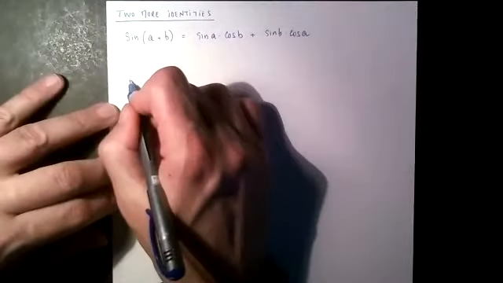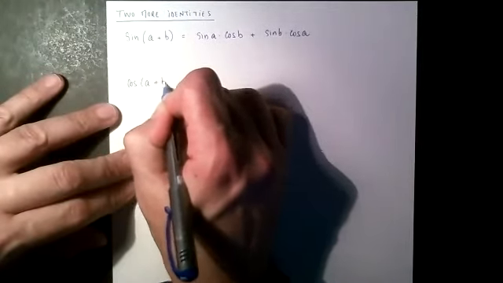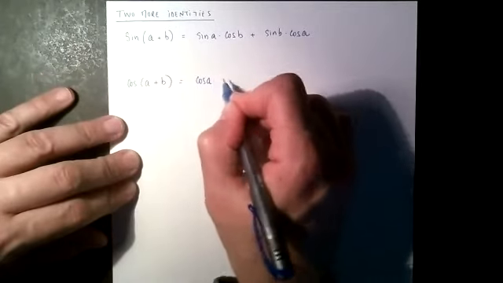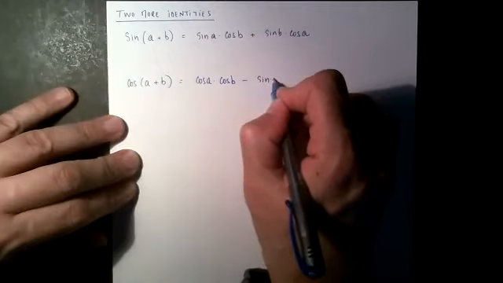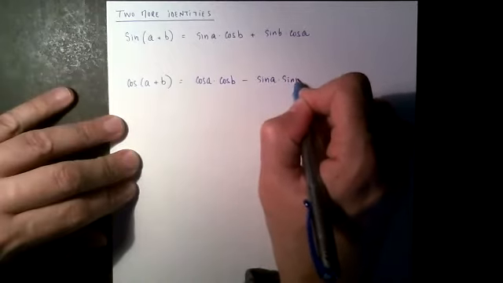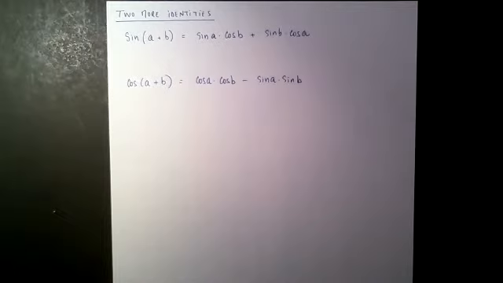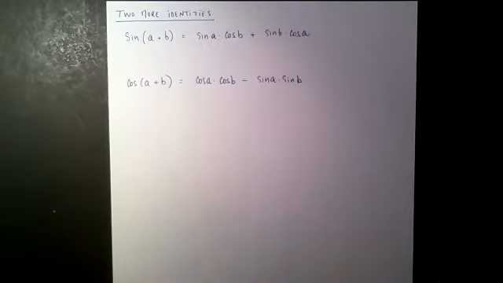And another one is the cosine of the sum of angles, which is cos A cos B minus sine A sine B. These are important, we're going to use them. Of course we could prove them, but it would take us maybe half an hour, so I'm going to spare you.